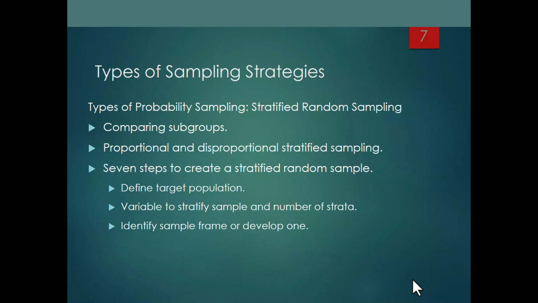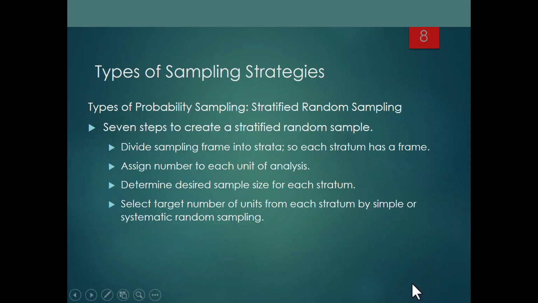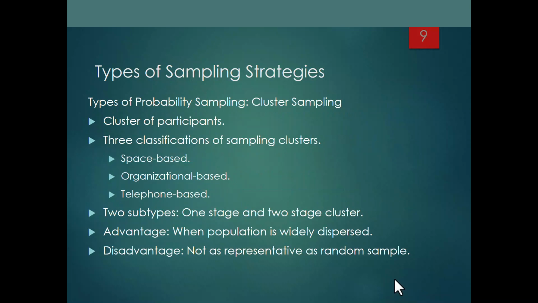First, you define your target population, decide on the variable to stratify your sample and the number of strata that you plan on using, identify your sample frame or develop one, divide your sampling frame into strata so that each stratum has a frame, assign a number to each unit of analysis, determine the desired sample size for each stratum so you can decide how many people you want in each stratum, and then select the target number of units from each stratum by simple or systematic random sampling.